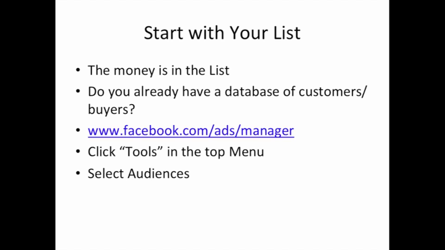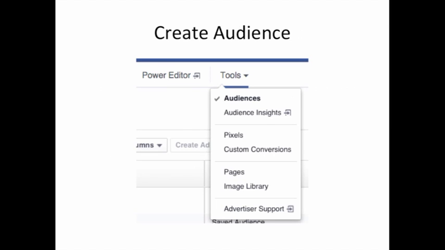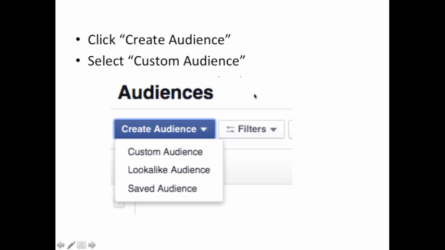So what do you do if you already have a list of people that buy from you, or you have a database of followers? You can actually start with your current database by going to facebook.com/ad/manager, clicking on tools in the top menu and selecting audiences.